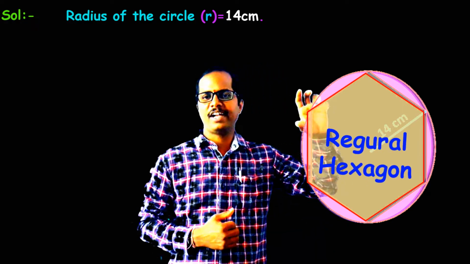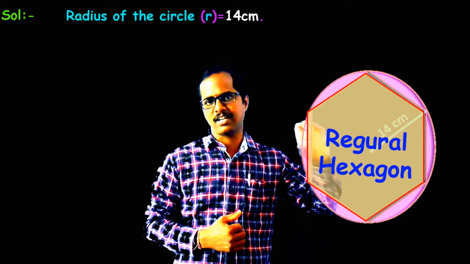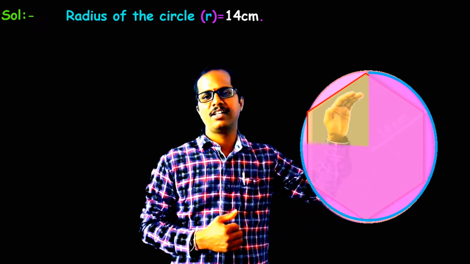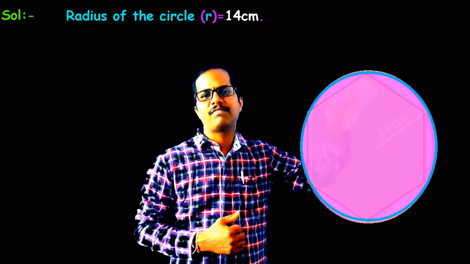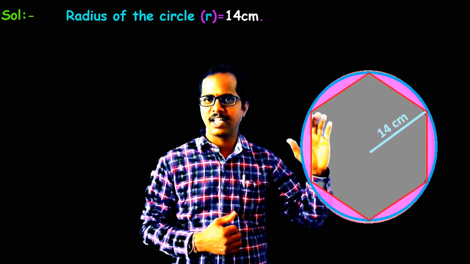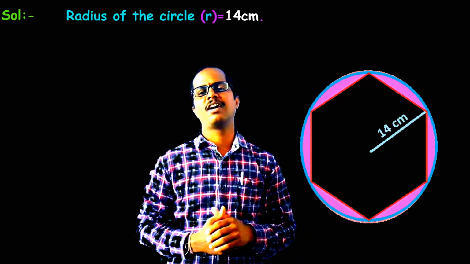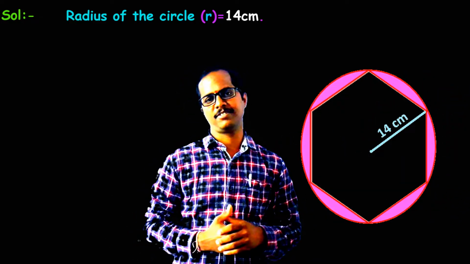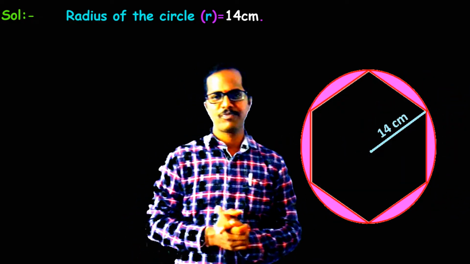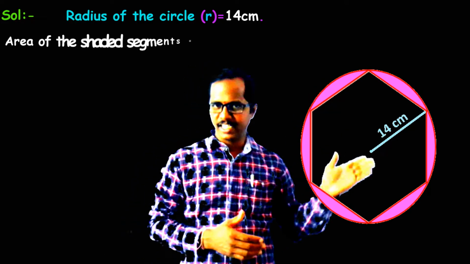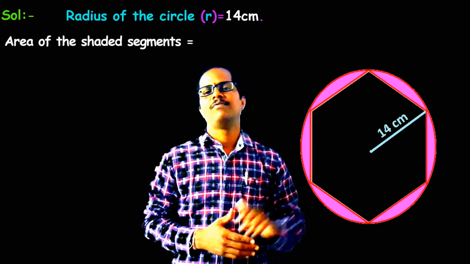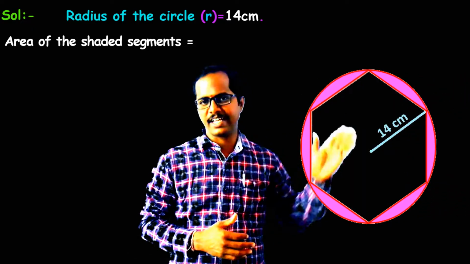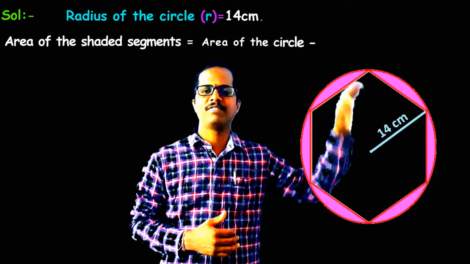If we find the area of this regular hexagon and also the area of the circle, then from the area of the circle, if we subtract the area of this regular hexagon, we get the area of the shaded region. So to get the area of the shaded segments, we need to subtract the area of the regular hexagon from the area of the circle.